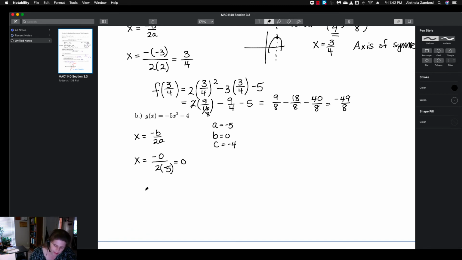Plugging in 0, so g of 0, negative 5 times 0 squared minus 4 is negative 4. So vertex is equal to 0, negative 4, which makes the axis of symmetry x is equal to 0.